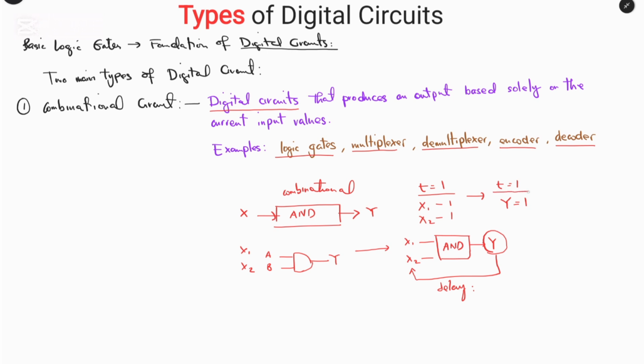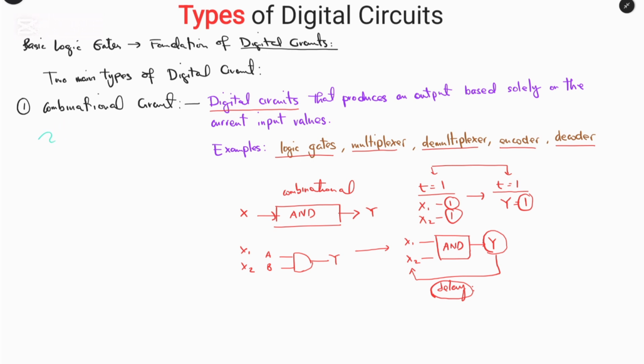So at the instant when the input is 1 and 1, the output reacts solely to the input by giving the value of 1. The important thing to remember is that there is no delay. Whenever the input value changes, at that same time the output value will change. That's why a digital circuit whose output responds solely to its input values is regarded as a combinational circuit.